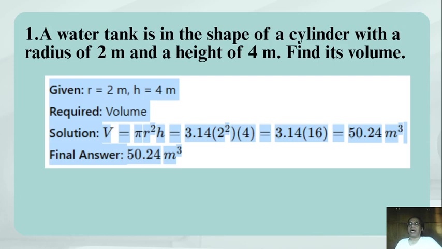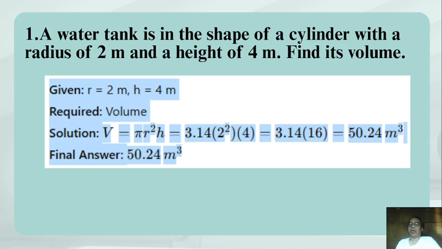A water tank is in the shape of a cylinder with a radius of 2 meters and a height of 4 meters. Find its volume. So we are given radius 2 meters, height 4 meters. We are required to determine volume.